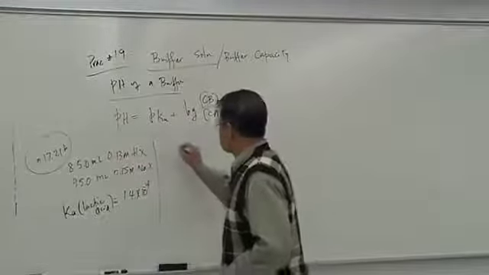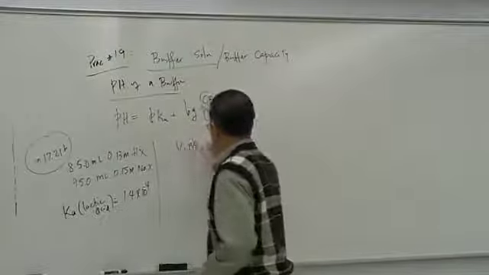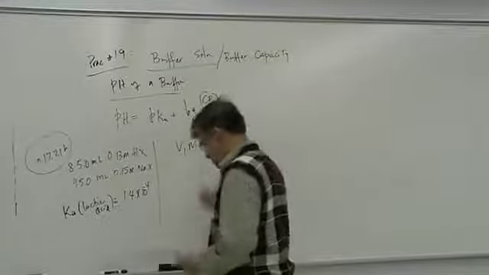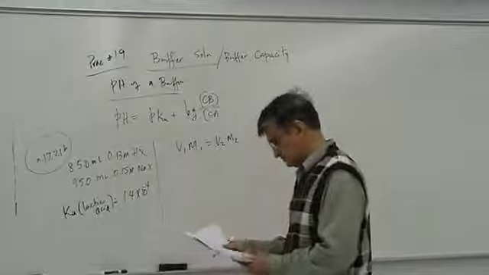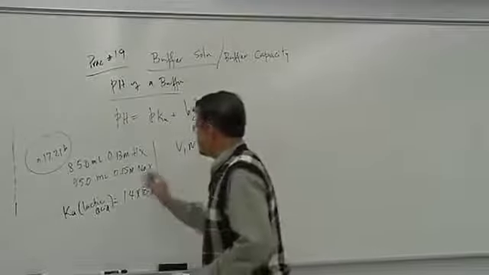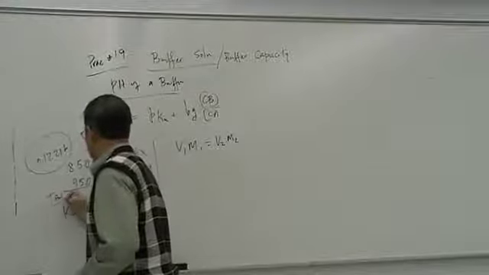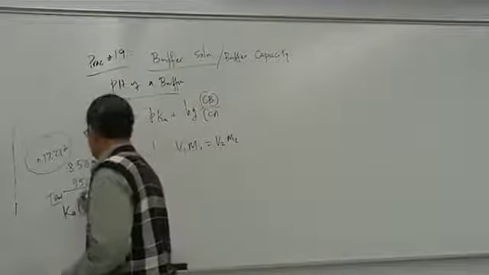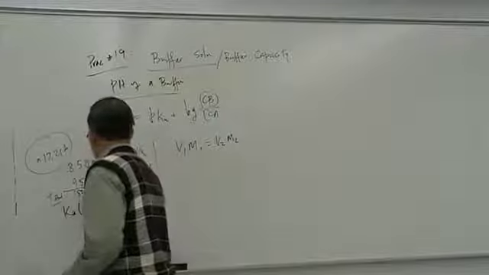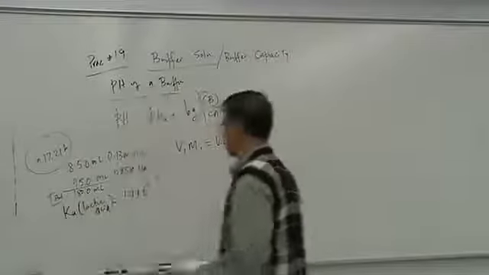So this is the formula to use: volume 1, molarity 1 equals volume 2, molarity 2. Total volume, if you add up those two volumes, is 180 ml.